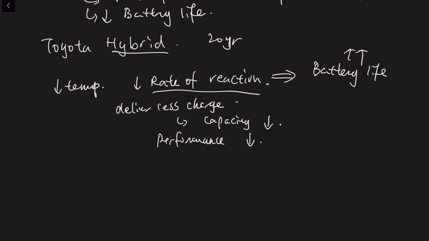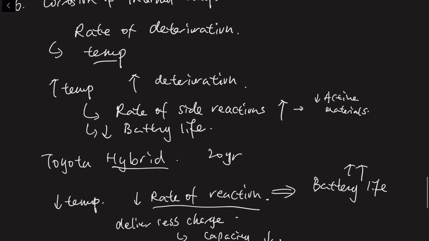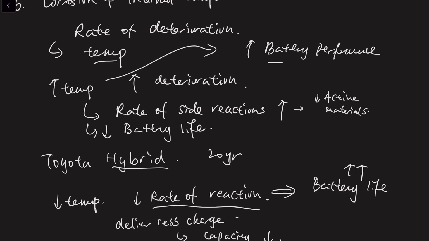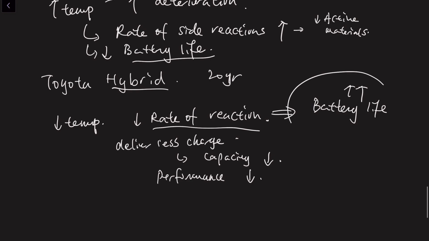So you get this trade-off going on. High temperatures are good at delivering higher battery performance, but simultaneously reduce battery life. Cold climates increase battery life and decrease performance.